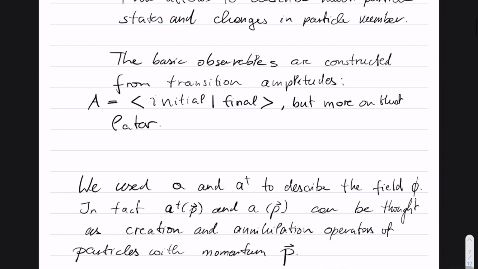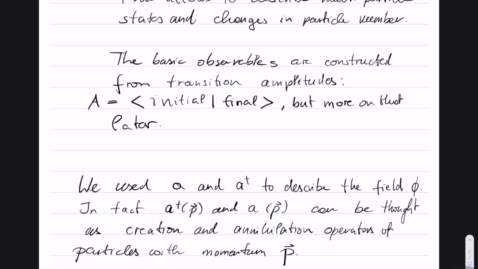Just to mention what the basic observables are that we are actually going to construct in the future, those are so-called amplitudes. Amplitudes are essentially transition matrix elements that, if you square them, give us a probability for transition from an initial into a final state.